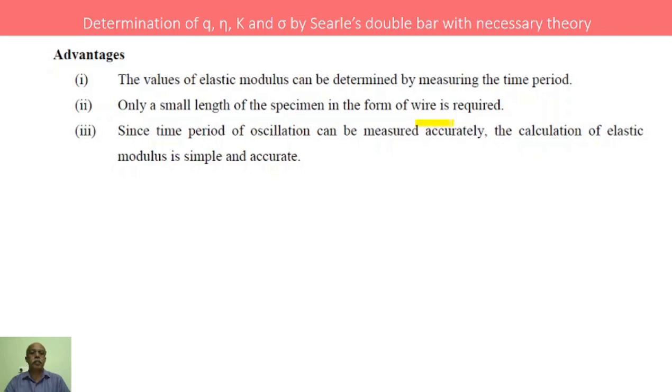If we have a small quantity of specimen in the form of a wire, then we can determine all the moduli of elasticity along with Poisson's ratio. Since the time period of oscillation can be measured accurately, the calculation of elastic moduli will be simple as well as accurate.